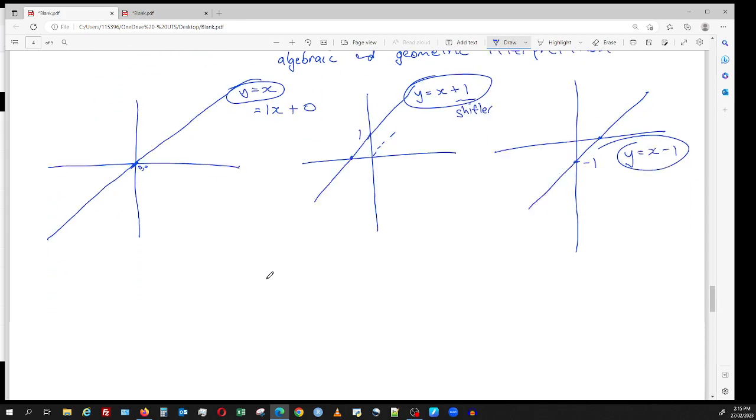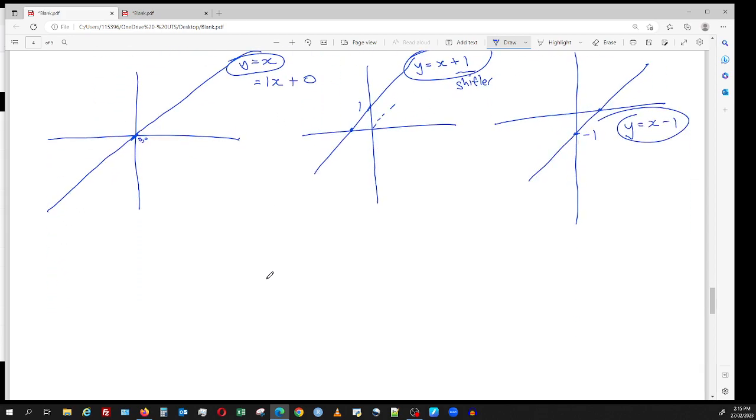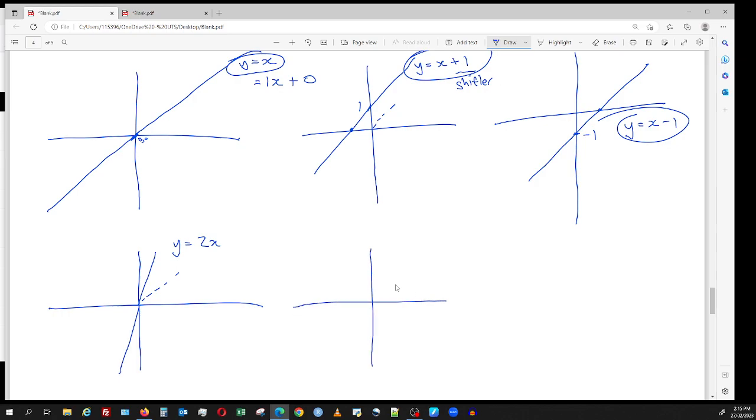Okay. So what about if we want to have it steeper? So we can go for twice as steep. So if that's our general one, go for twice as steep. So y would be equal to 2x plus 0. Okay. So for shifted up, twice as steep at 2.